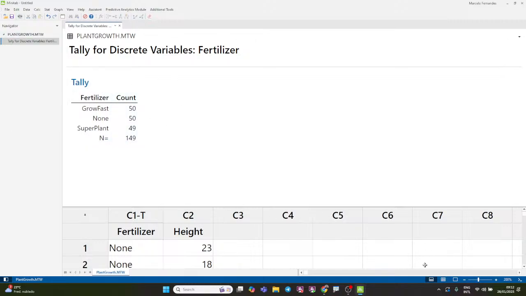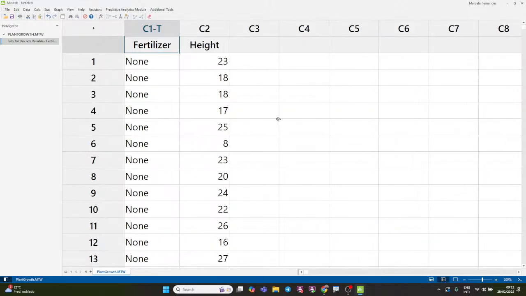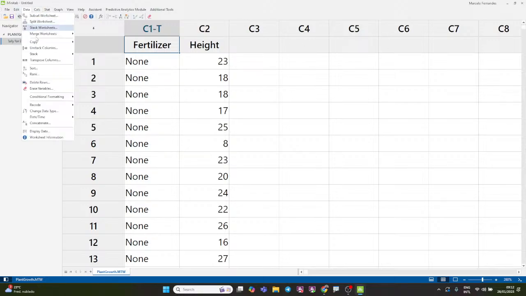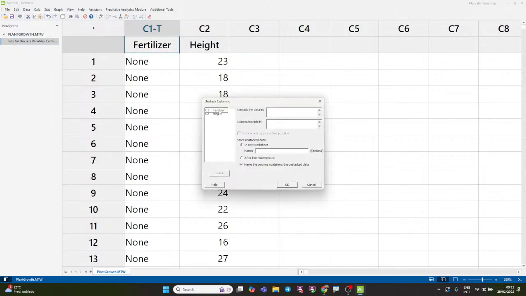So once again, it has nothing to do specifically with BoxPlot yet, but it's a preliminary analysis that you can do. And here, because I'll be running an individual BoxPlot first, I want to separate this data into different columns. We call this unstack. So unstack columns, data, unstack columns. Fertilizer.